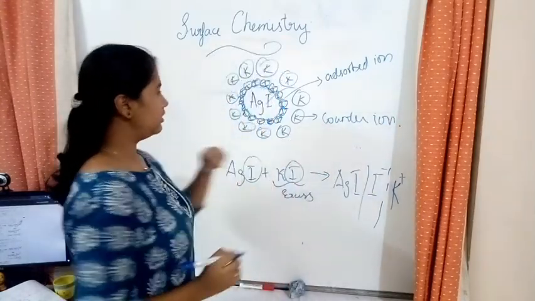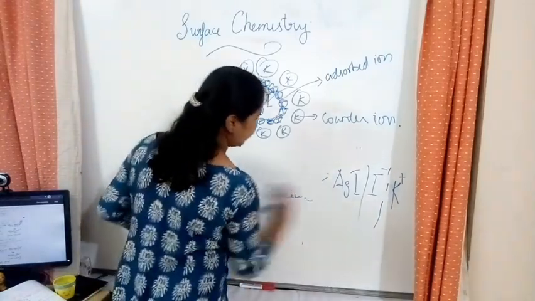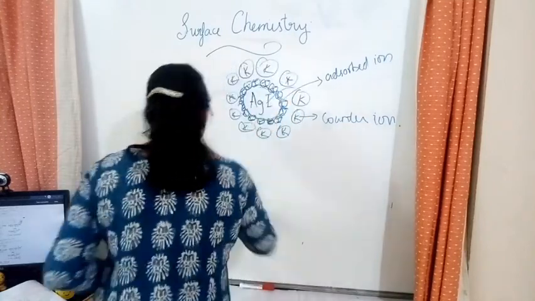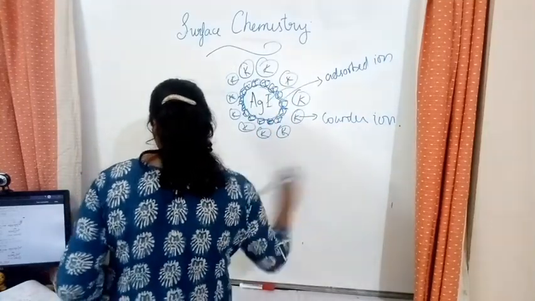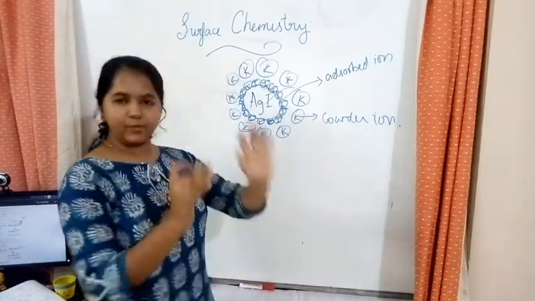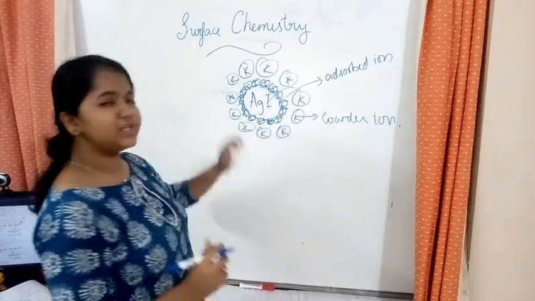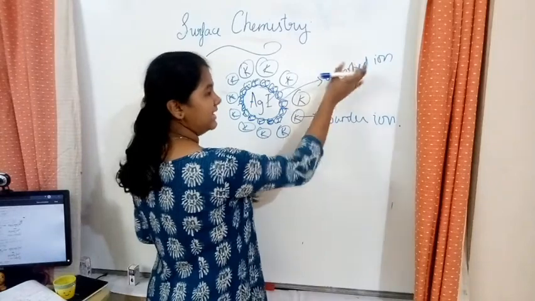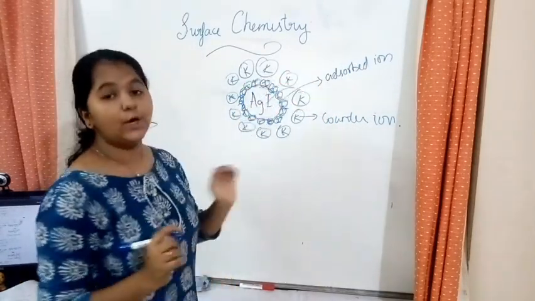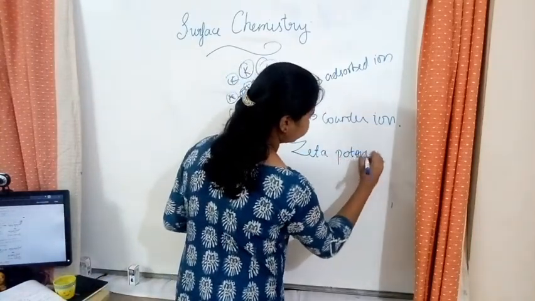Then the next case is when AgNO3 is in excess. And I forgot to mention that because there are two layers, there is a gap in between. The difference between the adsorbed layer and the counter layer, or the stable layer and the unstable layer, is called the zeta potential. Zeta potential.